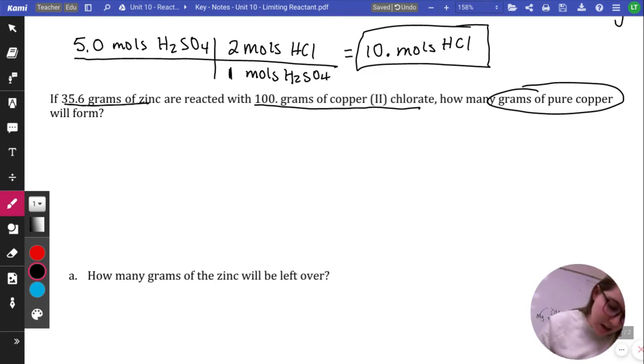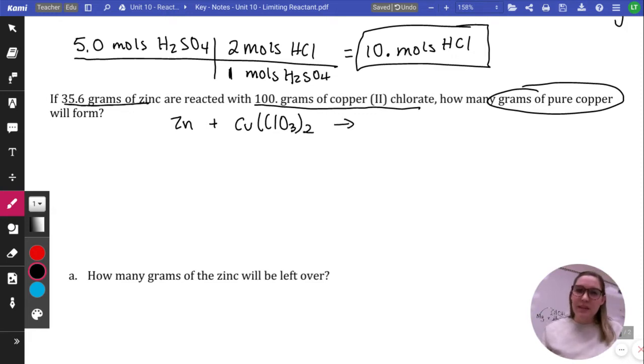So I have zinc, Zn, plus copper(II) chlorate. So that's going to be Cu(ClO3)2. And that looks like a single replacement reaction to me. So again, we don't have to check if we say it happens. You can just assume it's going to happen. So zinc is going to come and kick out that copper.